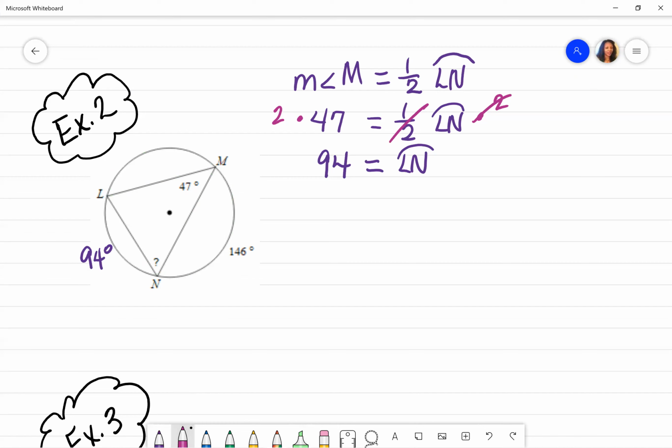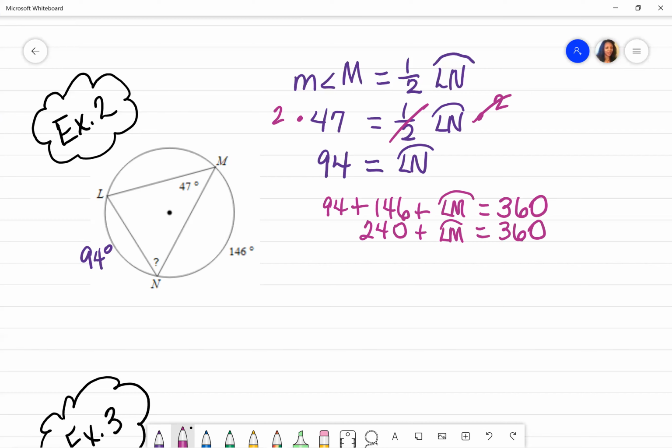What I want to do is set up an equation using what I know about the arcs: 94 plus 146 plus arc LM, which I'm trying to find, and I know that's the entire circle, which measures 360 degrees.